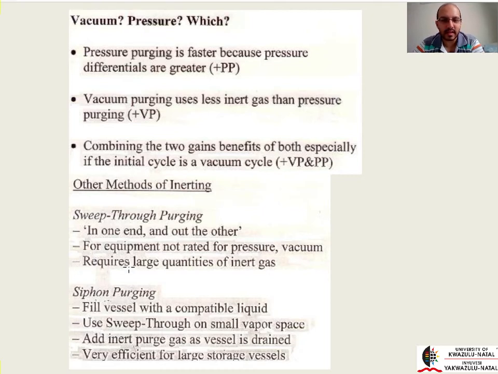This does require large amounts of inert gas. Okay, so this is for equipment that are not rated for pressure. So you essentially don't have many choices. You have to just go through with sweep through purging. Okay, and then you have siphon purging, which is quite efficient for large storage vessels. You fill the vessel with a liquid, and as the liquid drains, you are filling that growing air pocket with inert gas.